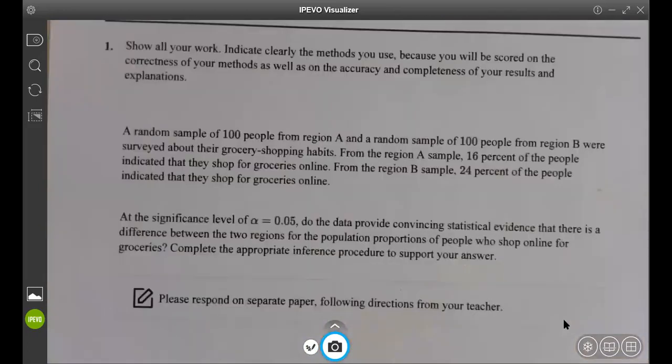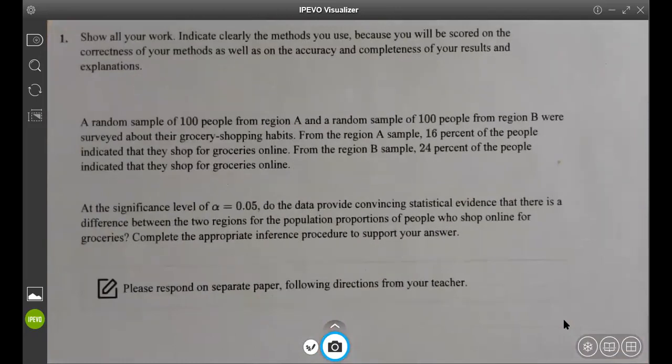All right, Unit 6. It's only this very front page, and it's basically state, plan, do, conclude. A random sample of 100 people from Region A and a random sample of 100 people from Region B were surveyed about their grocery shopping habits. From the Region A sample, 16% of people indicated that they shop for groceries online. From the Region B sample, 24% indicated that they shop for groceries online.